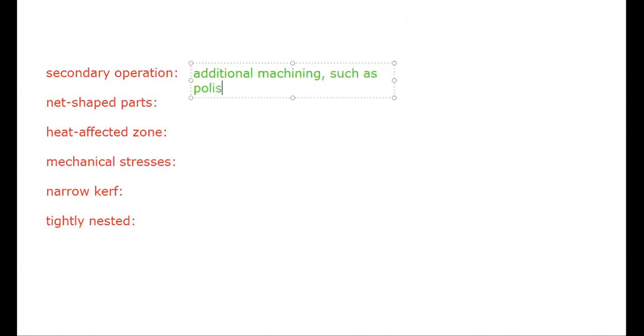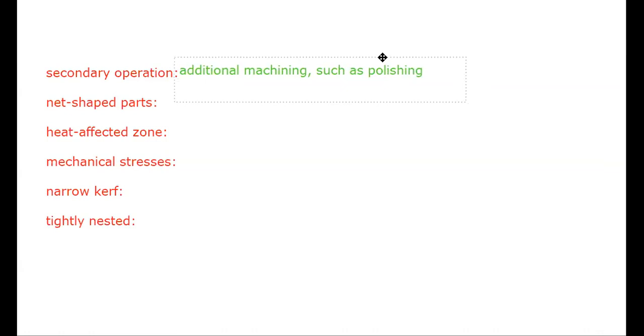It can use different tools that mechanically modify the process. Exactly. So secondary operation is known as additional machining, such as polishing, for example.